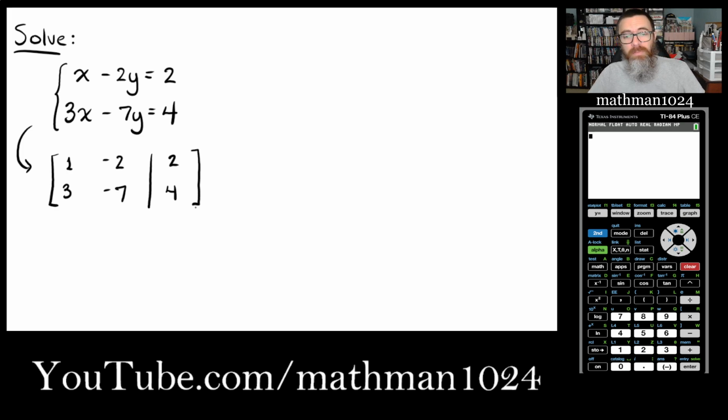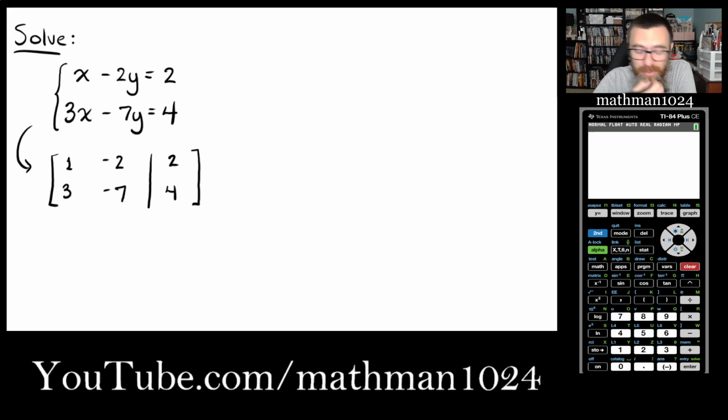Plus, I can add one row with a multiple of another row together and replace that row, and it's still going to give me the same thing. So let's watch how this goes. The first thing is we want to make sure that we have a 1 here in the leadoff spot. If not, we can rearrange the equations so that we do have a 1, or we'll have to divide by that coefficient. So right now we have a 1, which is great.